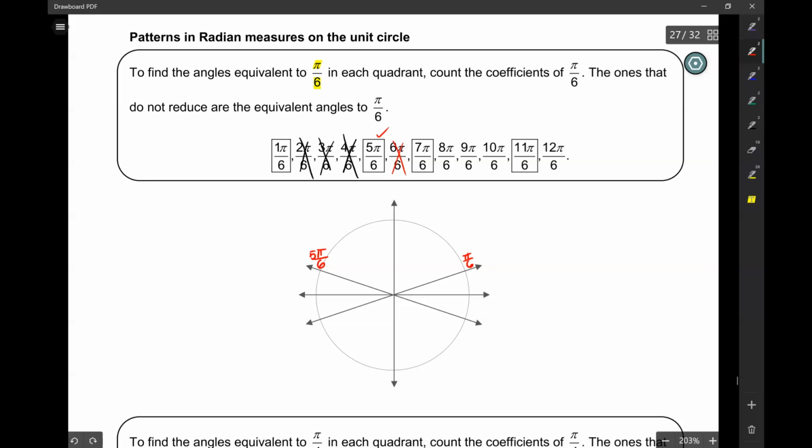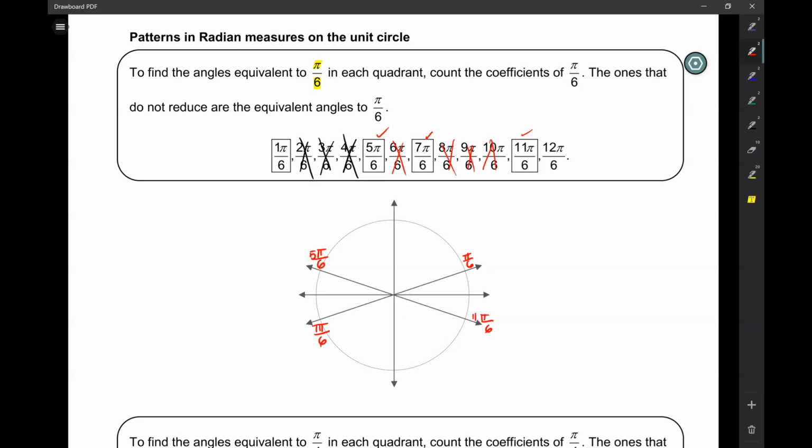That's how you do it. 7 pi over 6 is this one, because it doesn't cancel. Then I have a long way to go. 8 pi over 6 cancels, 9 pi over 6 cancels, 10 pi over 6 cancels, until 11 pi over 6. Basically you just need the ones where the 6 doesn't cancel out.